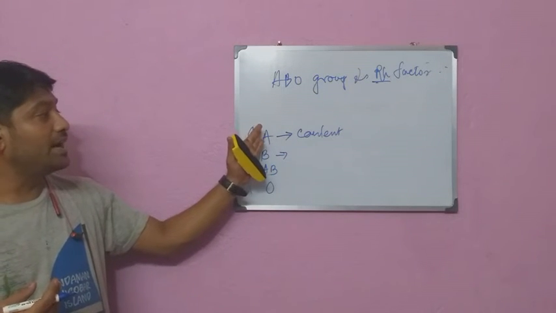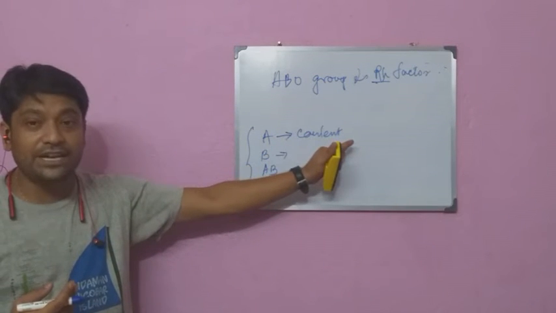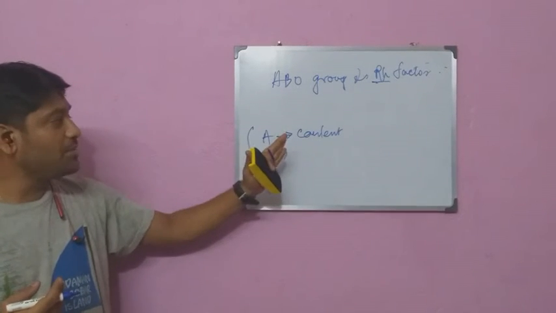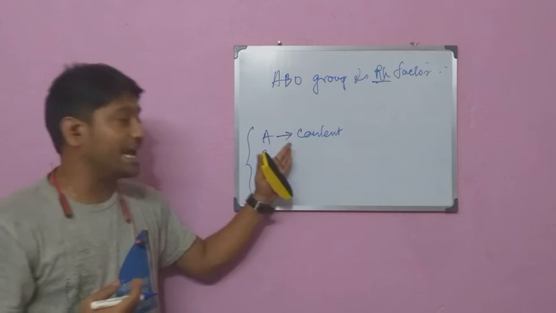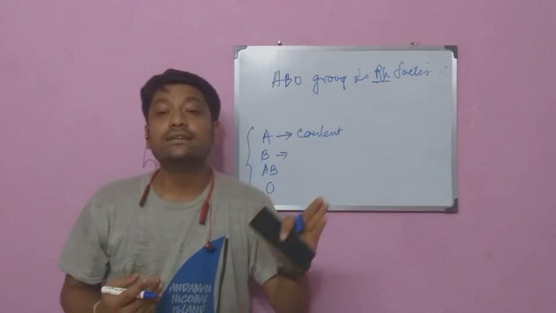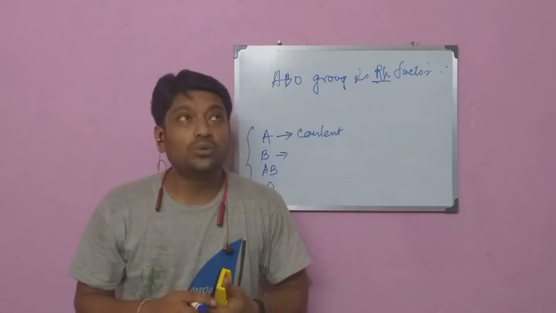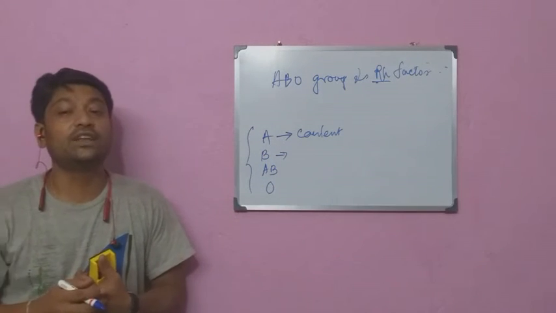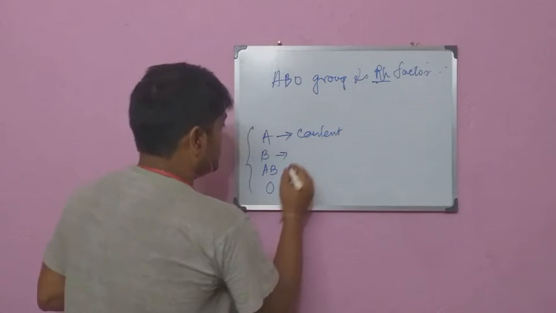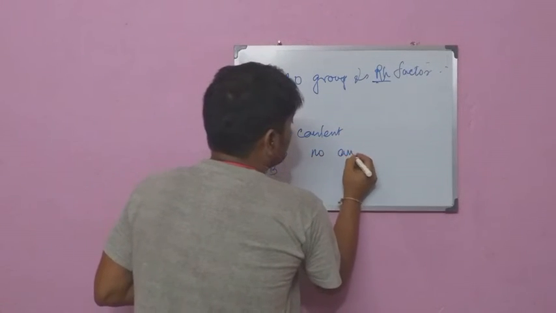Group AB contains both A and B antigens and no antibodies.